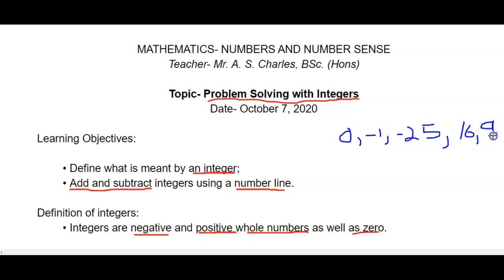All these are examples of integers. So integers are positive and negative whole numbers, as well as zero.